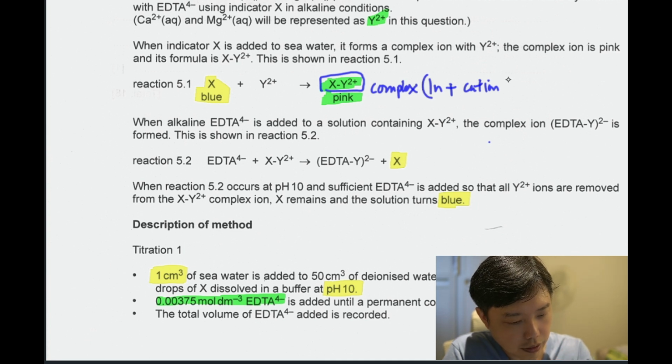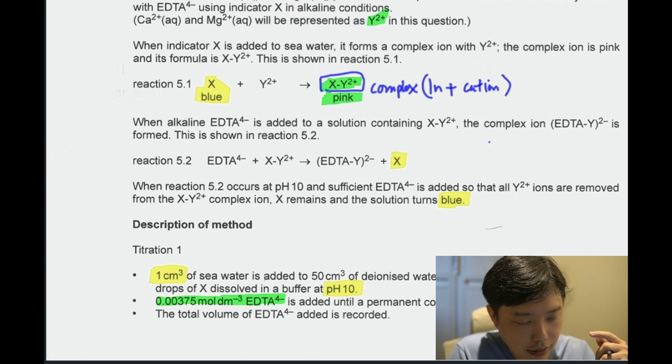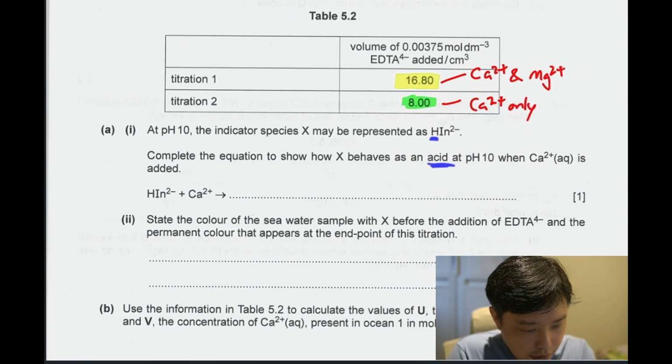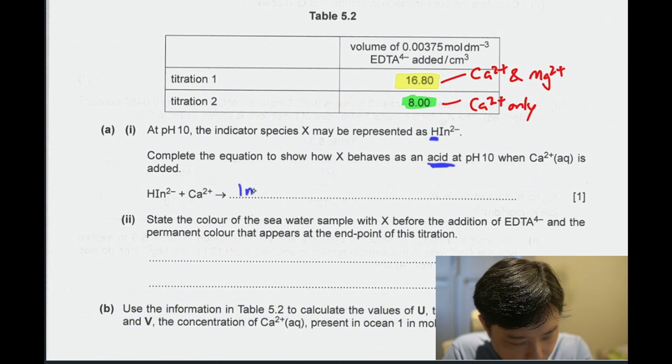Indicator with complex with indicator and cation. Okay, so if you have this equation, the indicator In should combine with calcium.